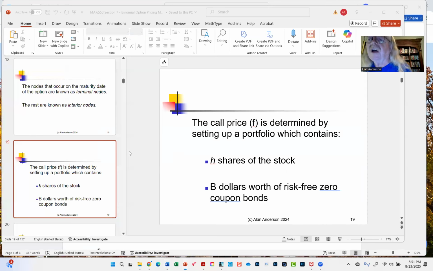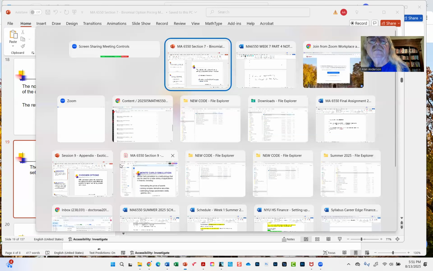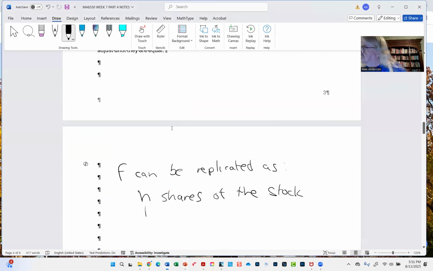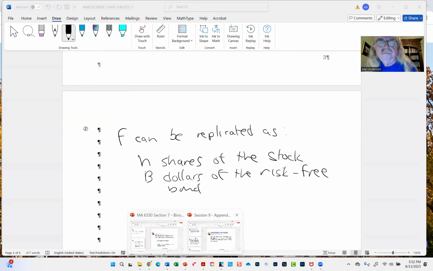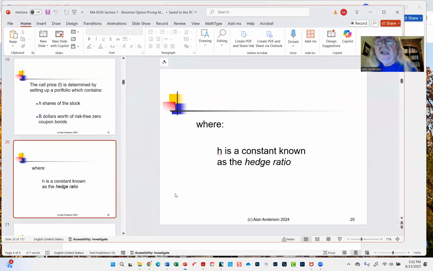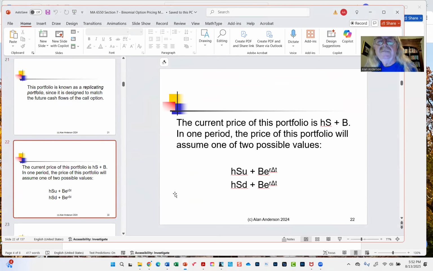So this is not a number of bonds, it's the dollar amount. Okay, so how do we know? Let's prove this. And H is referred to as the hedge ratio. So that being the case, the price of this portfolio is HS plus B, meaning that we have H shares of S, the stock, and B dollars worth of the bond.